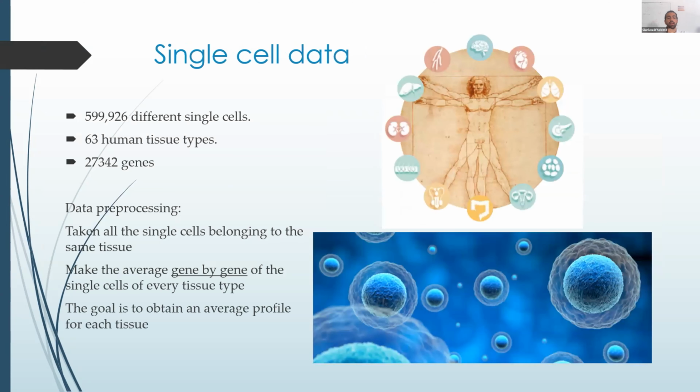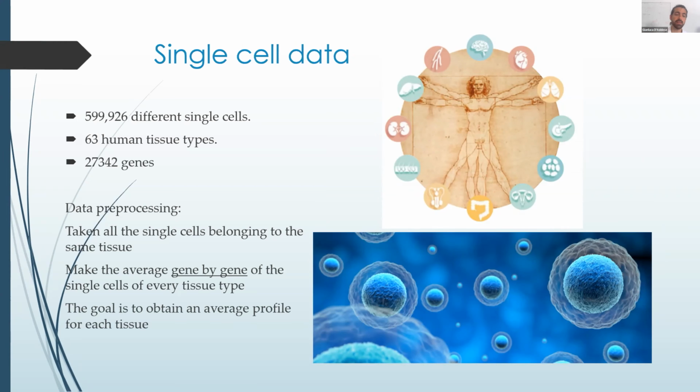Going forward, we can look at our work on real data now. We have taken an atlas of human cells with almost 600,000 cells, divided into 63 different tissue types and more than 27,000 genes.